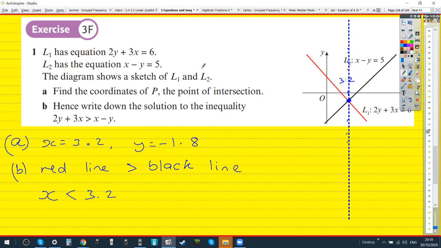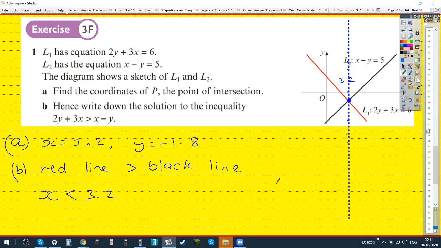And you can sub in different values for x and y. Basically when x is less than 3.2, you get a higher number for y. When x is greater than 3.2, the black equation would give you a higher number for y.